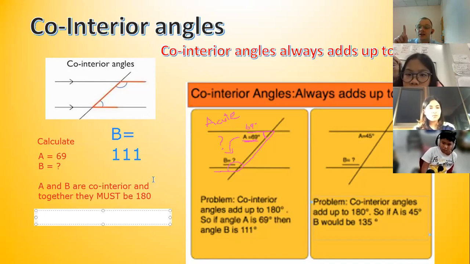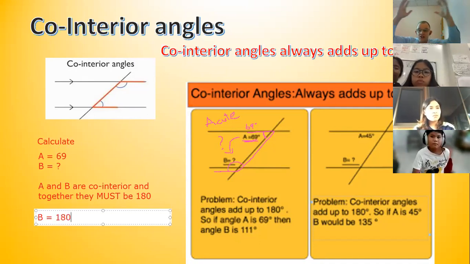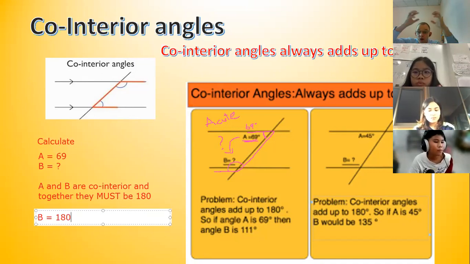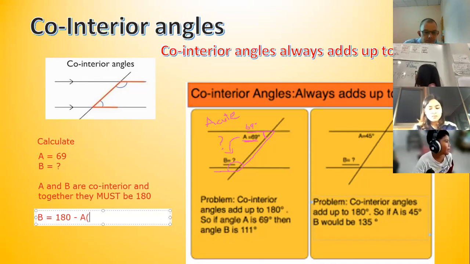That is correct. How do we calculate it? So we say B equals 180, which is the total, the together, minus A, 69.